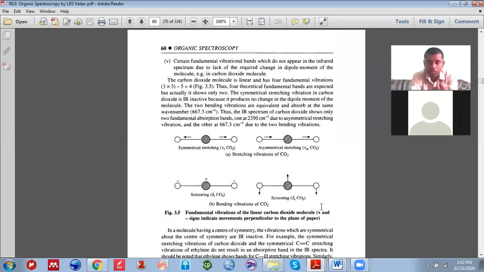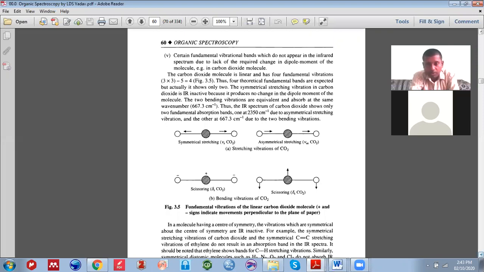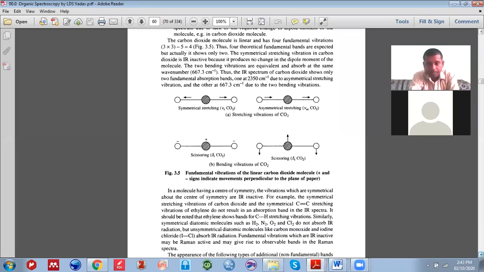This is one kind of scissoring, and this is also one kind of scissoring. Here the bond angle remains the same. Here also the bond angle remains the same. Here the bond angle changes, and here also the bond angle changes. In both cases the bond angle changes. So finally carbon dioxide gives 4 kinds of fundamental modes of vibration.